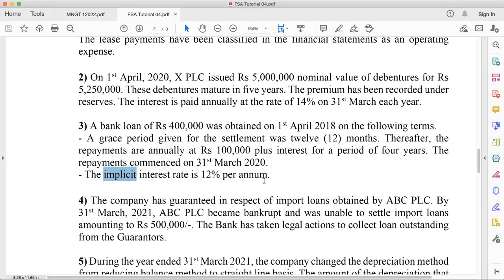Now, again, this is a long-term liability, so you have to record it at amortized cost. I will calculate the bank loan liability at amortized cost, then we'll see whether the company has recorded accordingly.